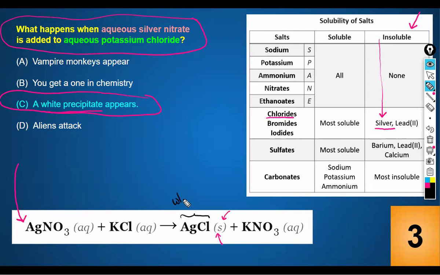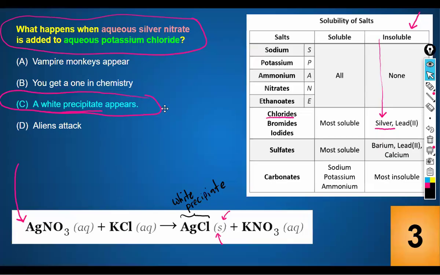This is a white, not just a precipitate, but a white precipitate. Right? This one, I'll give you a couple minutes and we will move on. Let's go.